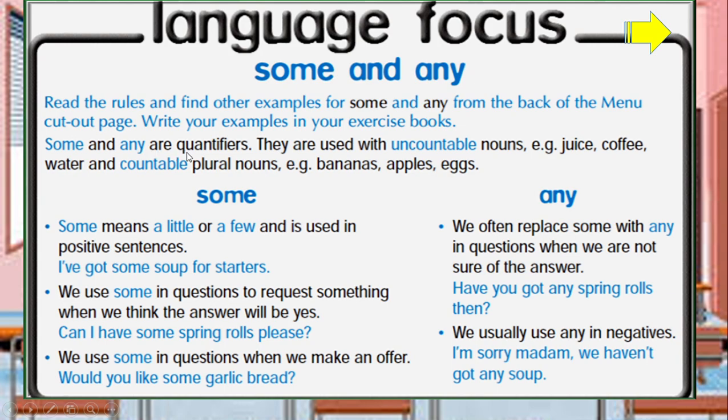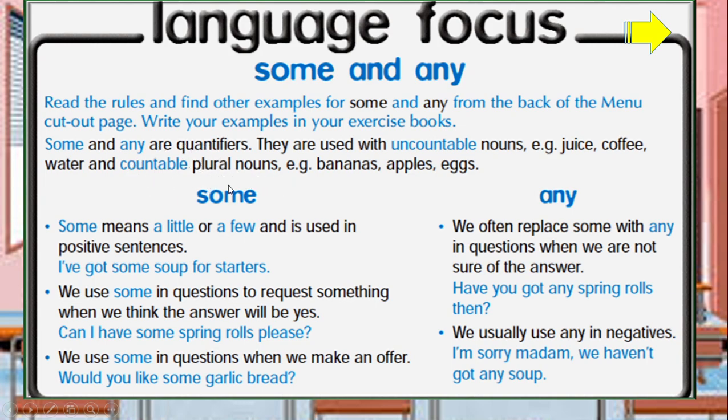Some and any are quantifiers, students. We have studied other quantifiers before, if you remember in the first semester. They are used with uncountable nouns, for example, juice, coffee, water, and we also use them with countable but plural nouns.